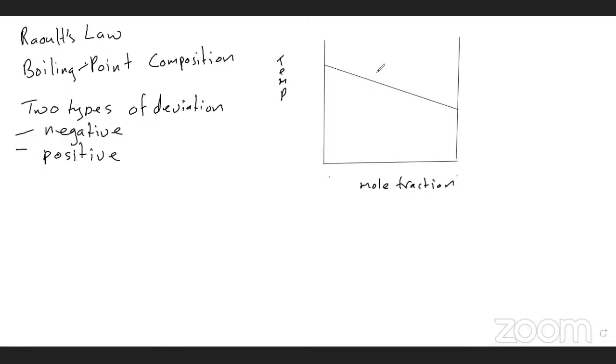which represents an ideal mixture. That is an ideal mixture. And for this mixture, if you were to boil it, you will have a curve like this.